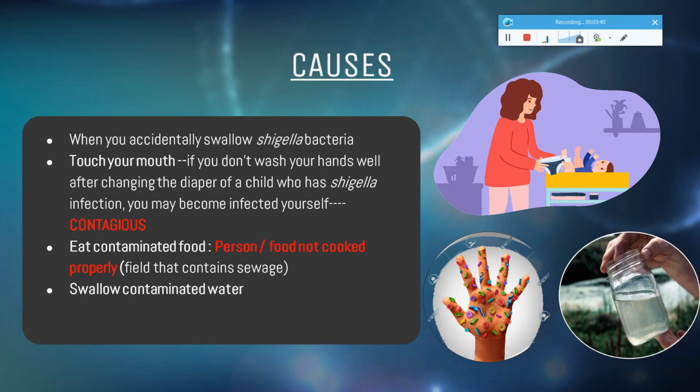If you do not follow hygienic practices, if your hands are not clean and you go and start cooking, then definitely there's a chance that this organism, if present on your hands, can reach the food. Once other people consume that food, it spreads from you to the other person. So contaminated food and contaminated water are the main sources or causes of this infection.